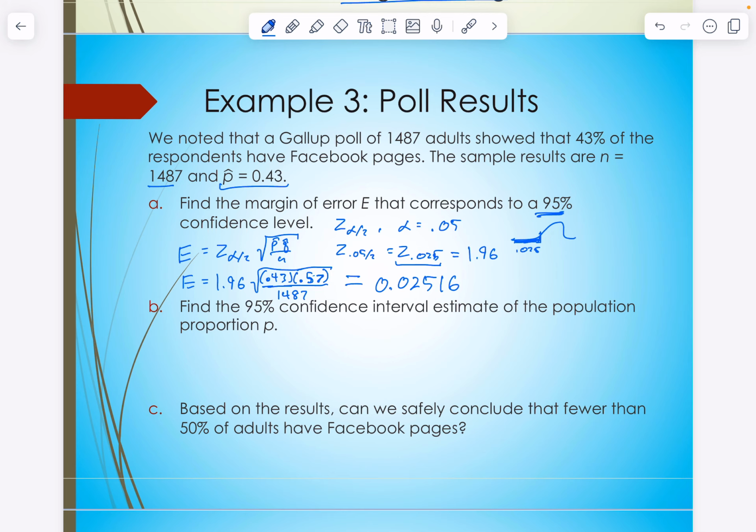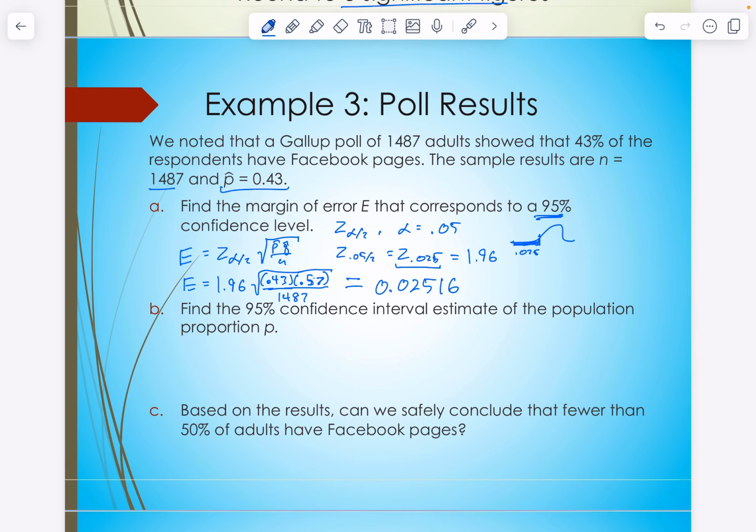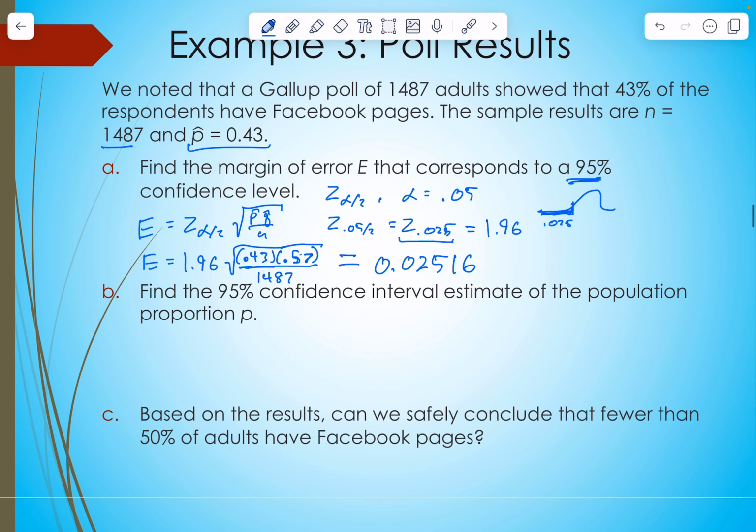Find the 95% confidence interval estimate of the population proportion p. For that, I need p hat. p hat is 43%, or 0.43.